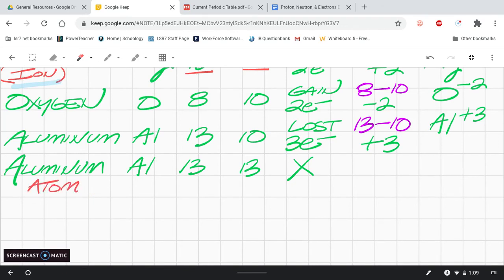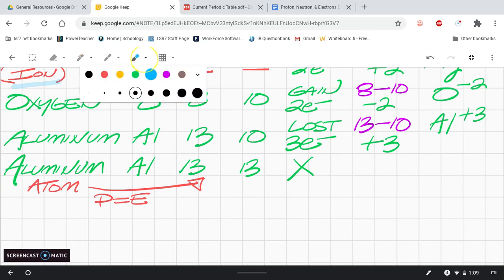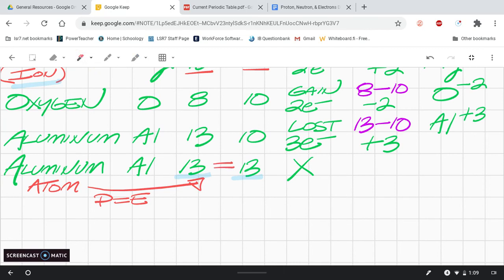Okay, so an atom, the reason it's an atom is because these two numbers are the same. So its protons equal electrons, and that's an atom. And so it is different than other things we've been looking at because these are equal. All right. So maybe you want to go and put an equal right there.